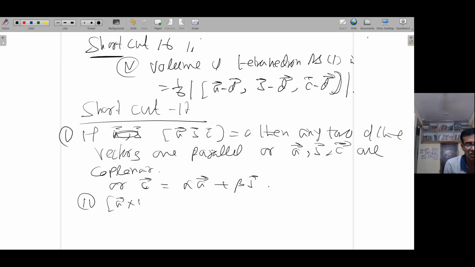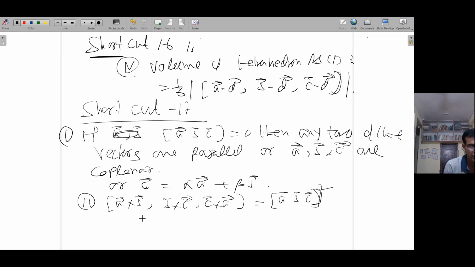A vector cross B, B cross C, C cross A, whole square bracket squared.